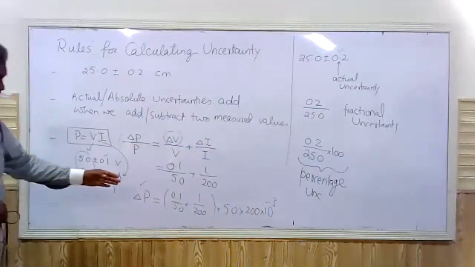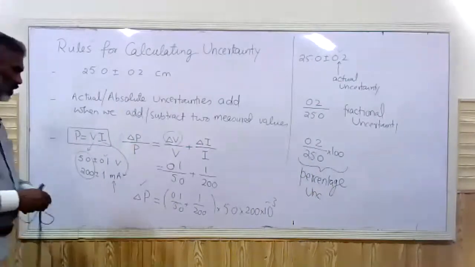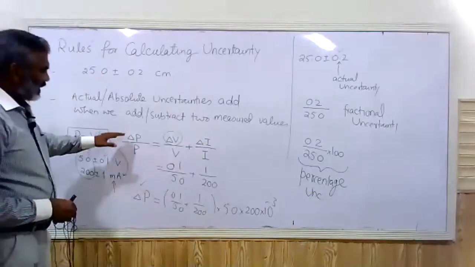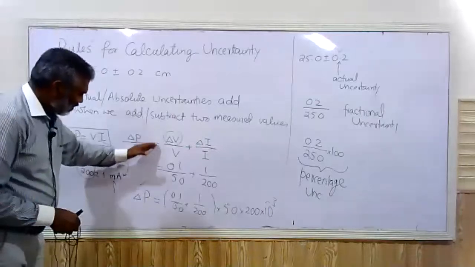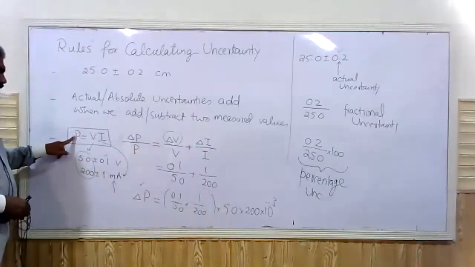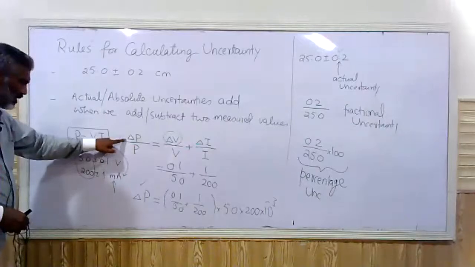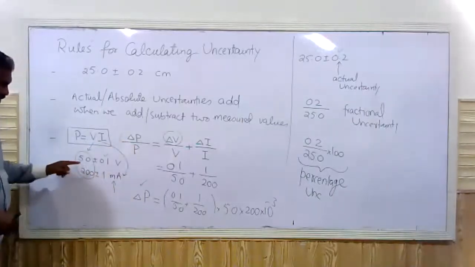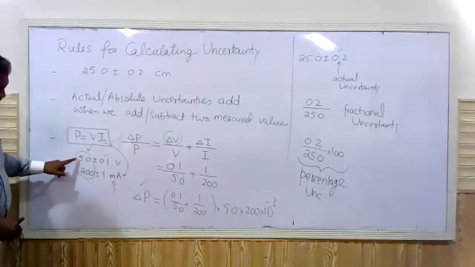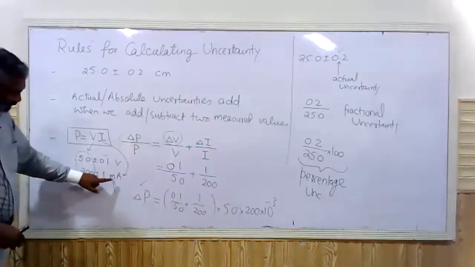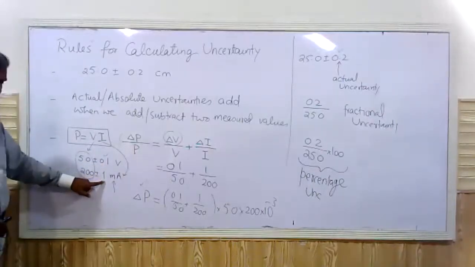I quickly repeat this before I move on to the second rule. After this, the last one. Delta P over P is the fractional uncertainties in the power. I do not know the value of delta P, but I can calculate P from the values given in the question. V is given along with its uncertainty, and current is given with its uncertainty.